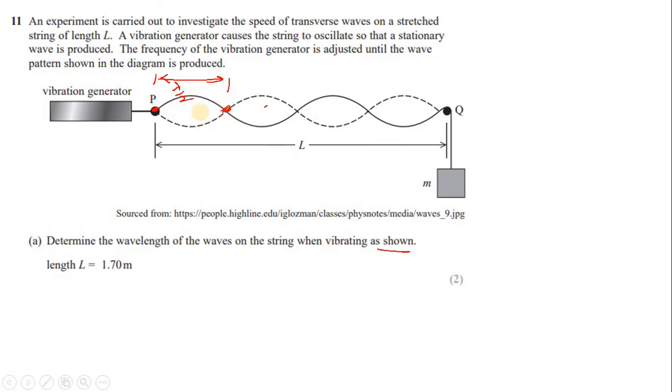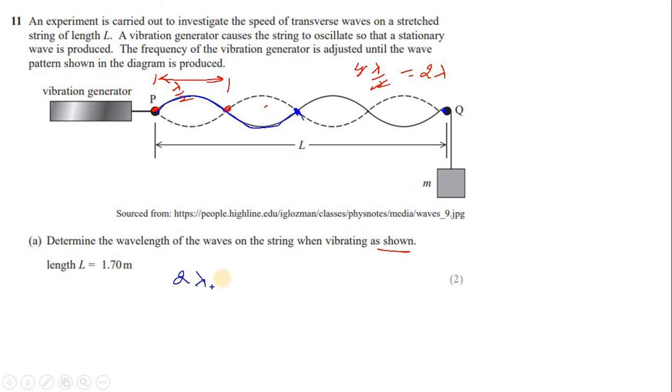And how many loops do we have? 1, 2, 3, 4. So we have 4 lambda by 2, so we have 2 lambda. Also you can see that you have two waves. This is one wave here, and we have a second wave, so a total of 2 waves. So 2 lambda is the total length in terms of wavelength.